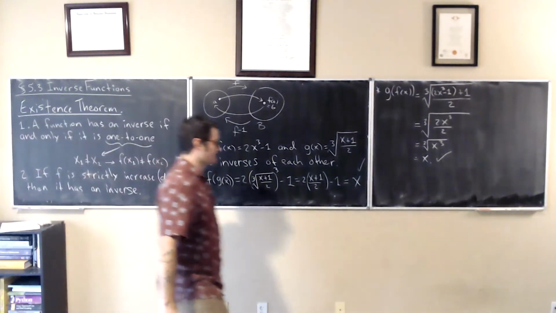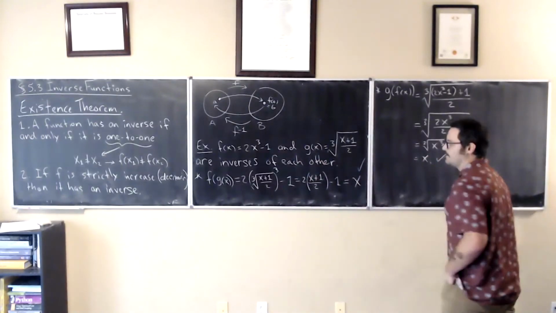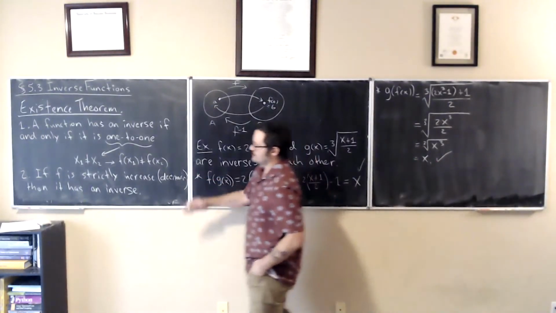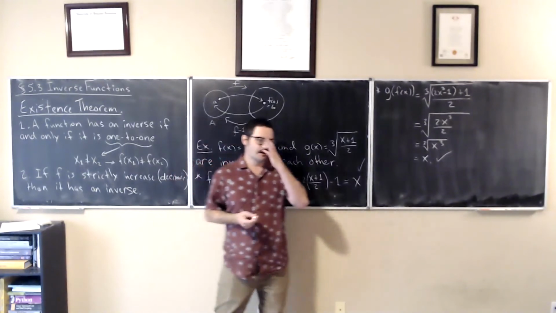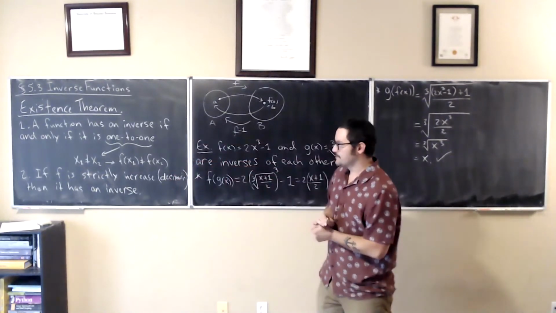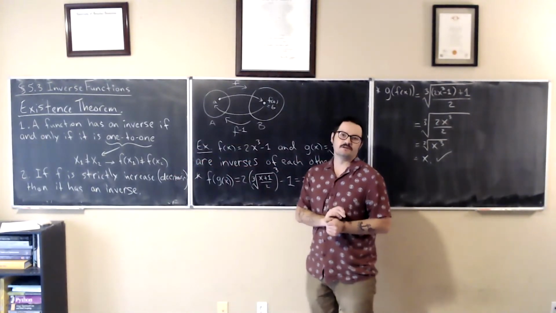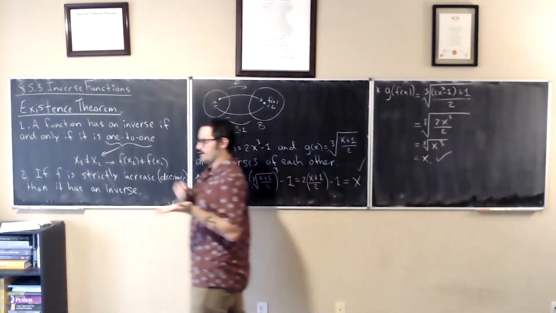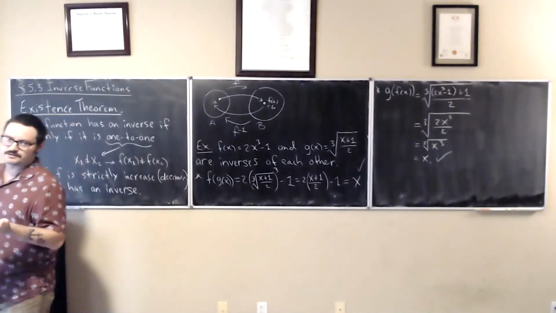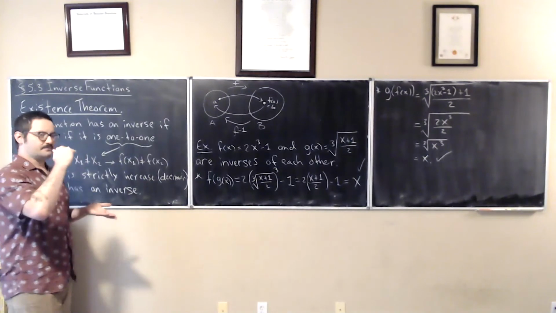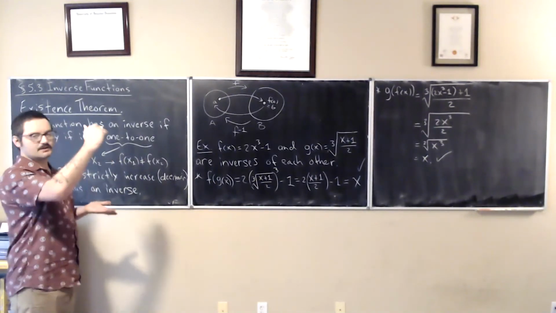So why would that be the case? Well, if it's strictly increasing or strictly decreasing, then the function is necessarily one-to-one, because as you input more and more values from the domain, you're never going to stay the same and you're never going to repeat.